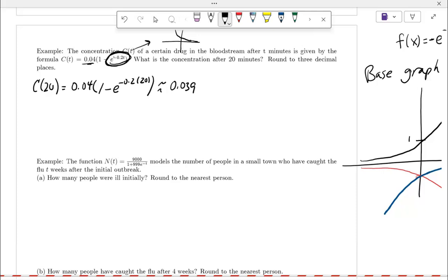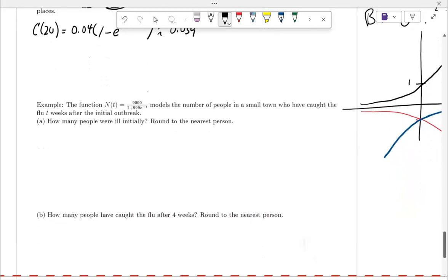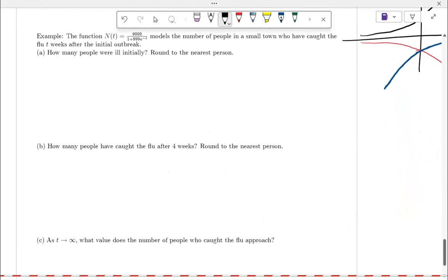So let's see if we can use that knowledge to help us analyze what's going into the next problem, okay? In particular, as we look at the last part, in this case, they give you a different type of function. This one, we've got this exponential function, but it's in the denominator.